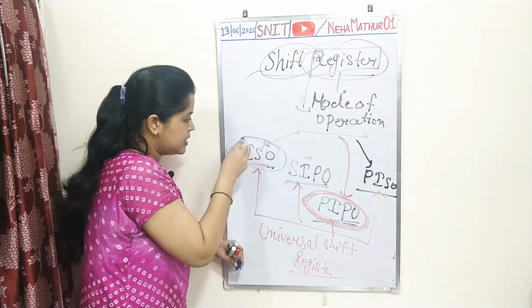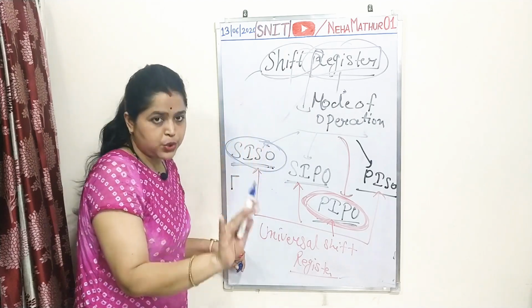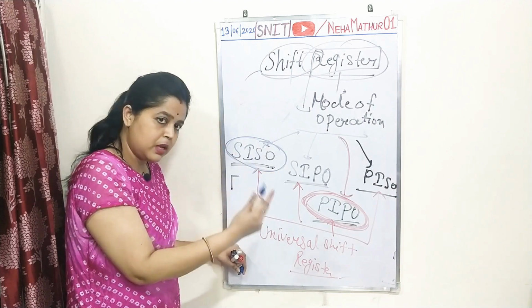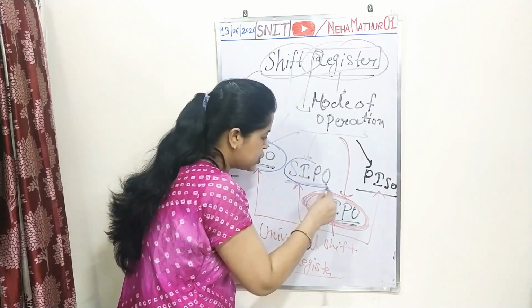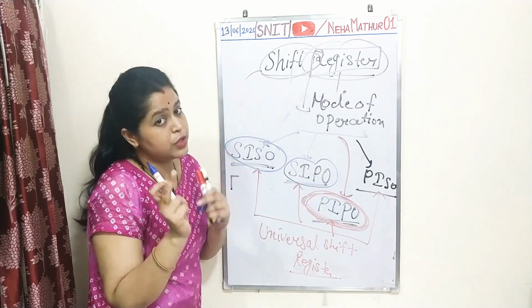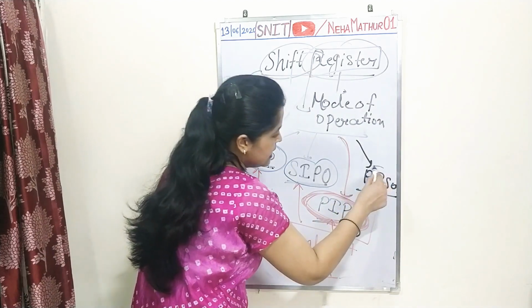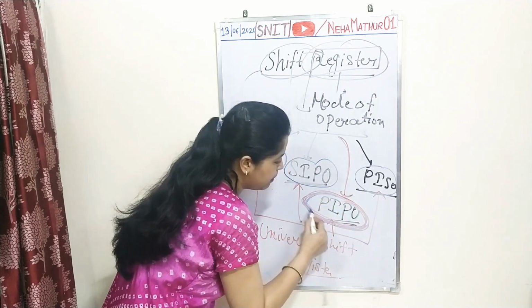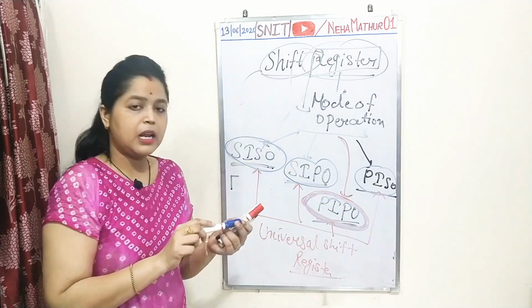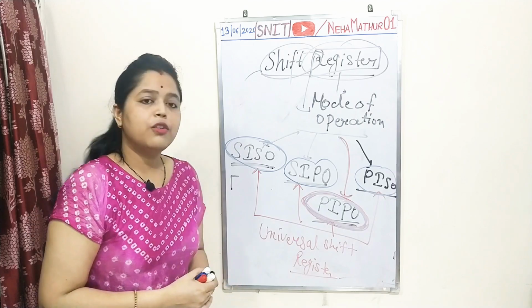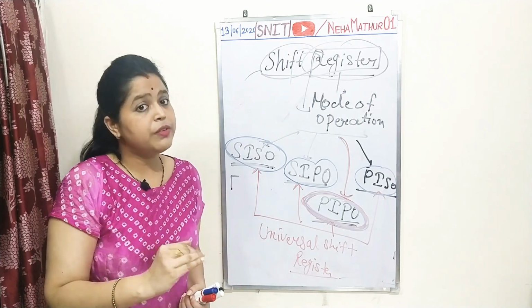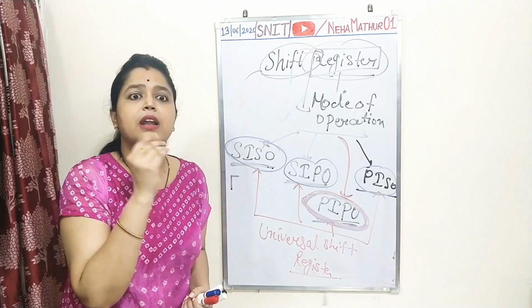Now see, SISO is itself showing that movement is possible, that means data transferring is possible. Similarly SIPO is also showing that data transfer is possible, as with PISO. But in parallel input parallel output mode, you will have to load your data in parallel form.